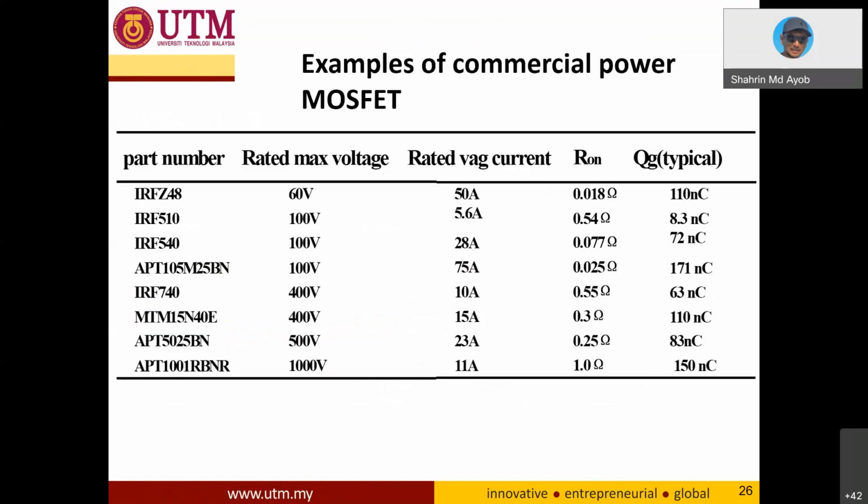So this is an example of a commercial power MOSFET. As usual, this is the rated maximum V blocking, the capability of the device to block the voltage during the off state. This one is the I on, or I forward, during the on state.